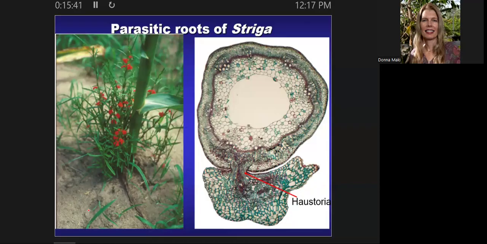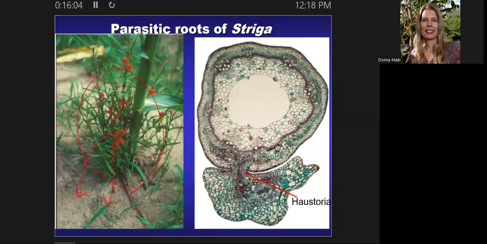And so if a corn grower starts to see this in their fields, they're dismayed because this is a really big problem. It can cause significant biomass loss and yield loss of the corn plant. And it's just really hard to get rid of once they set seed, and then the seeds fall to the ground and become part of the seed bank of that soil.